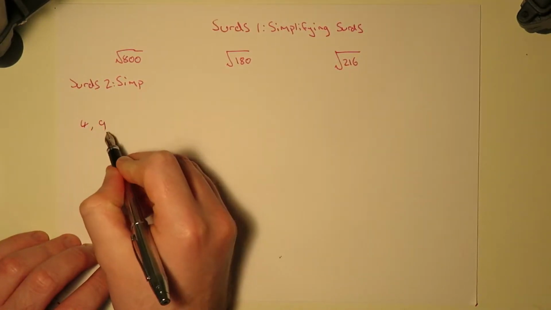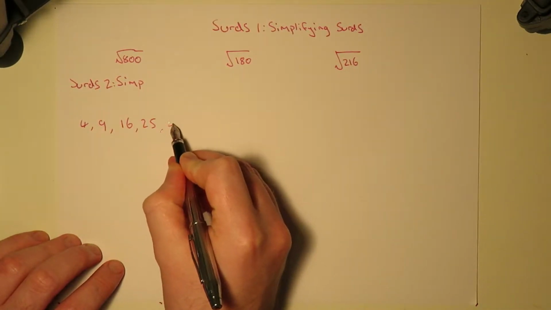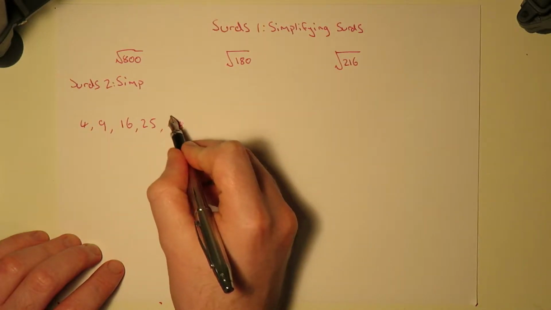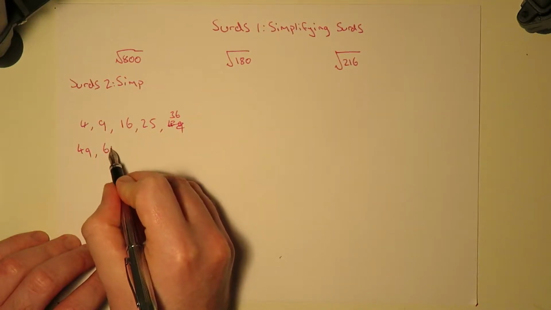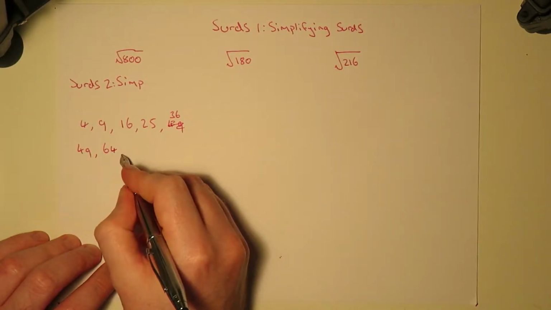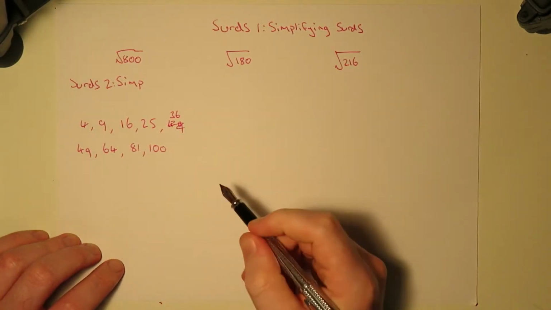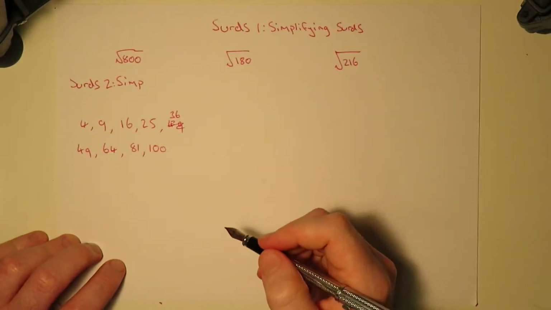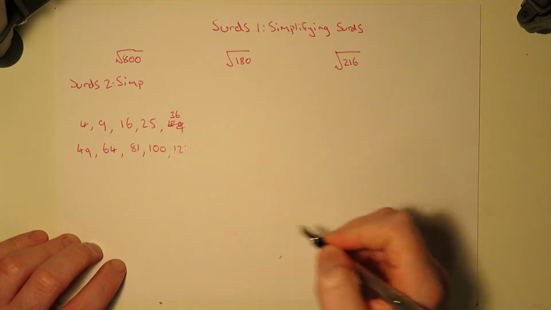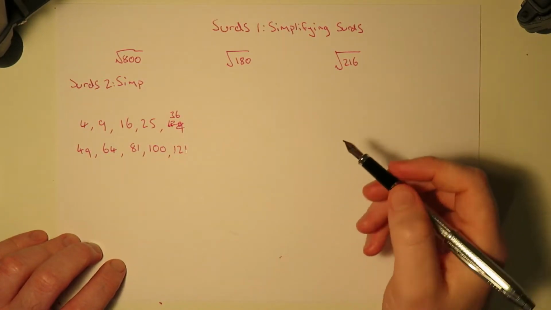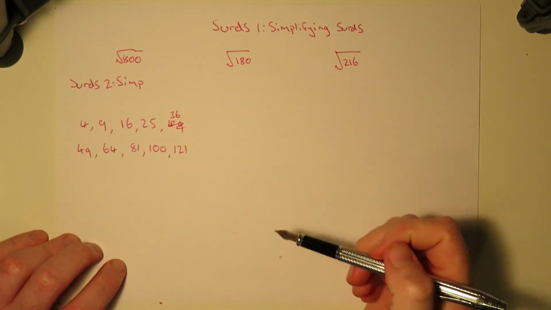There's 4, 9, 16, 25, 36, sorry, 49, 64, after 64 is 81, and then 100, and we're past the halfway mark, so there's no point in continuing. Although I will put 121, why not? Let's make it even, 5 numbers top and bottom. So you want one of these here to be a factor of this.